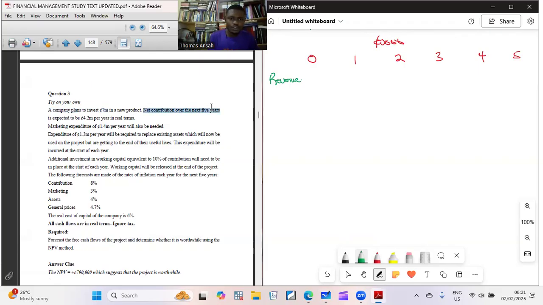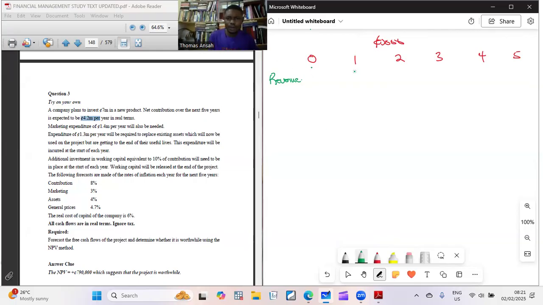The net contribution over the years is 4.2 in real terms. And I've shown you that if the inflation rates are present, we have to use what? Money terms. So if it is 4.2 in real terms, then it means the figure is actually here. However, you have been told that the inflows are supposed to happen from the future years.